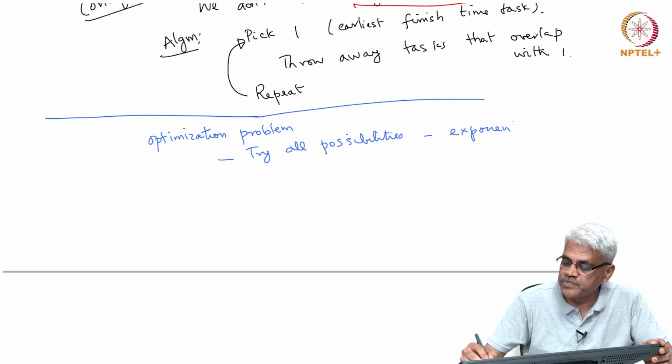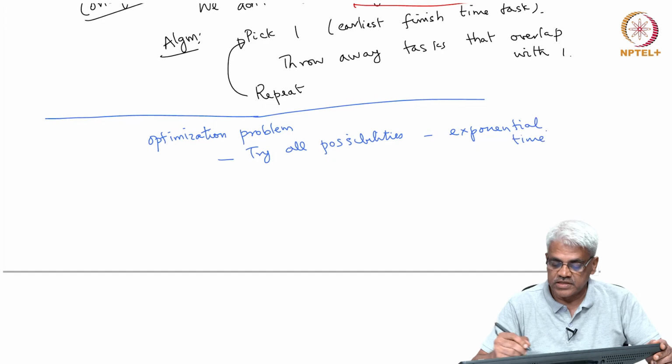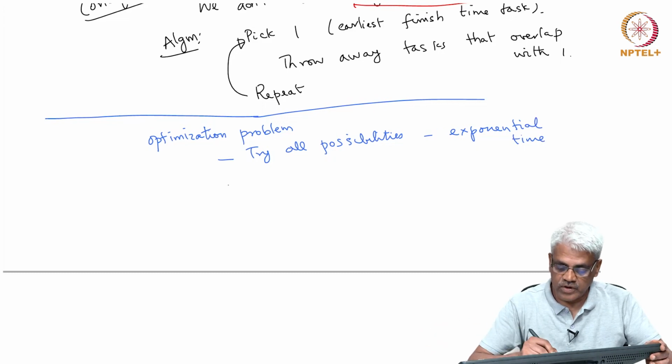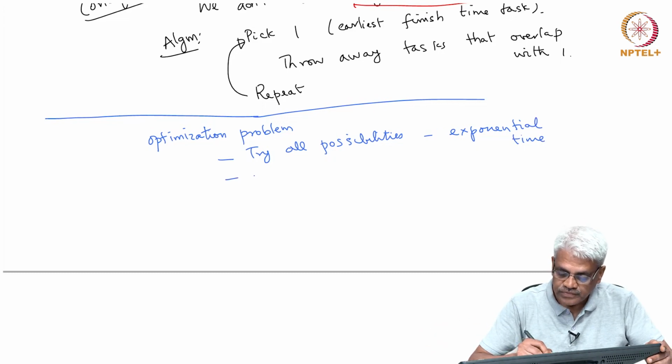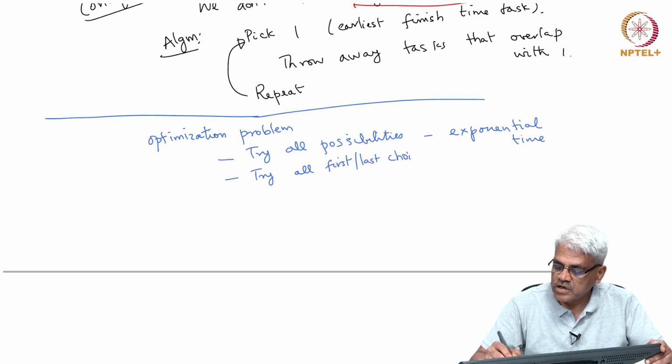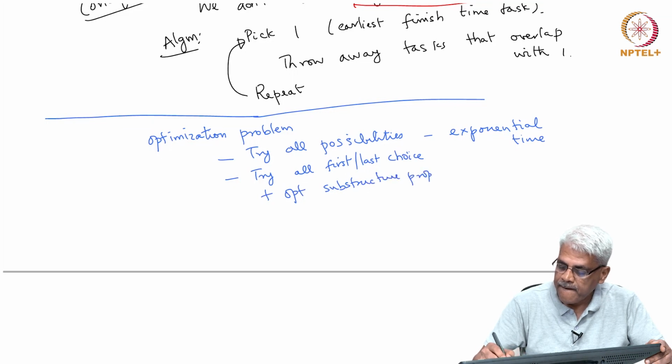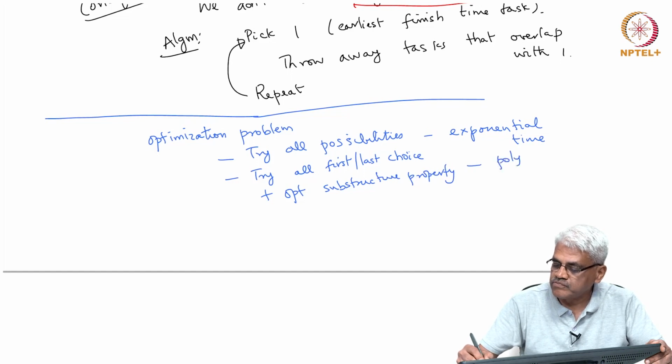This is for matrix chain or optimum binary search tree. We said proportional to the Catalan number. Now, try all first or last choice, some choice plus optimum substructure property brought it down to typically some polynomial time.